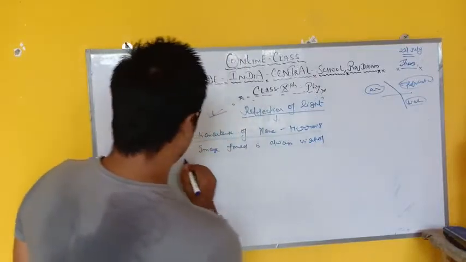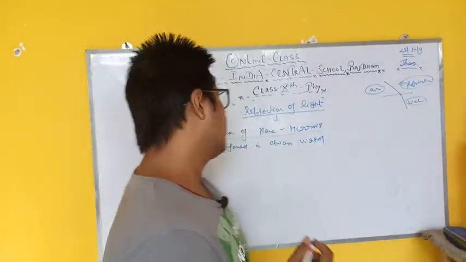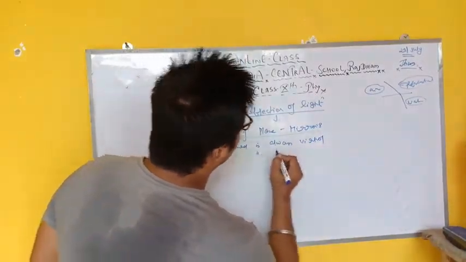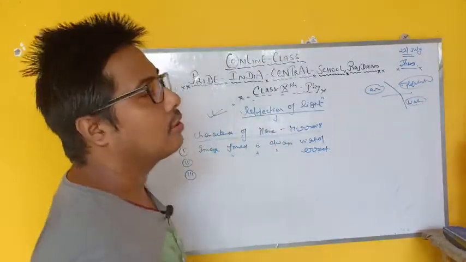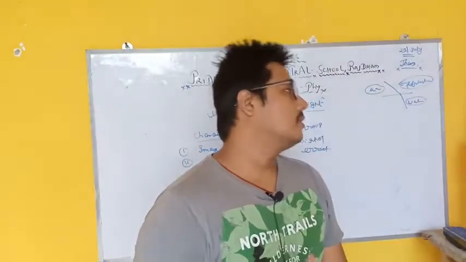If it is virtual, it is erect. So the image formed is always virtual, and the image formed is always erect.